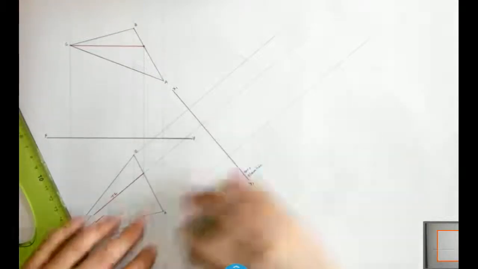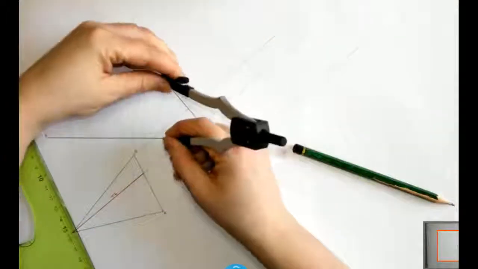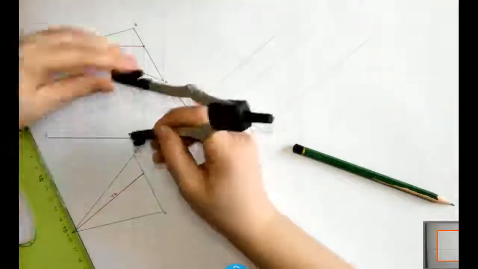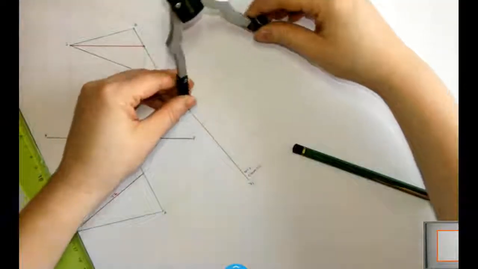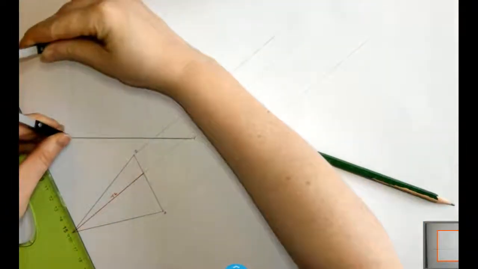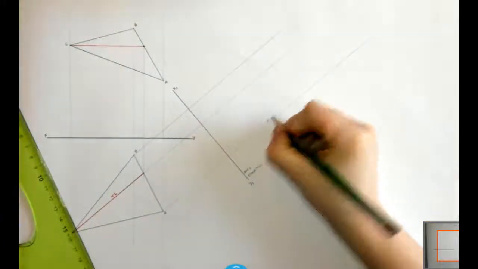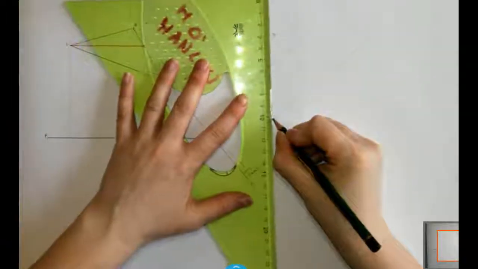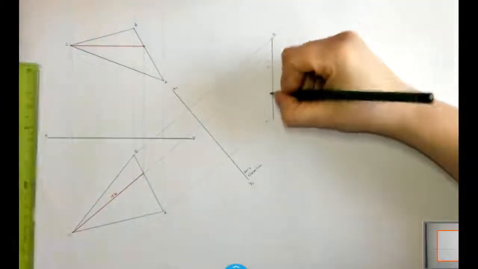And as it's an auxiliary elevation, I'm going to take my heights from my original elevation. Now when I join my three points together, they all line up perfectly, and that gives us an edge view.